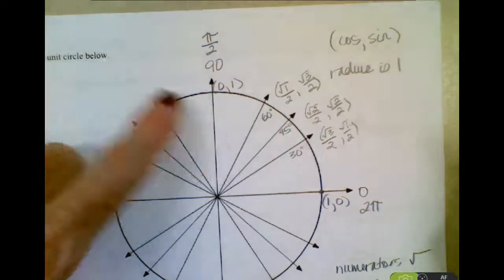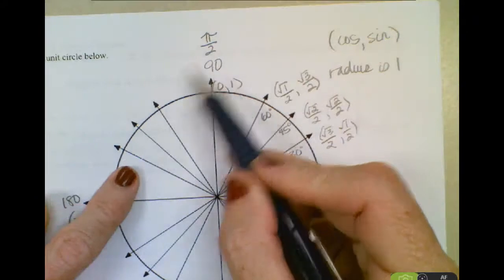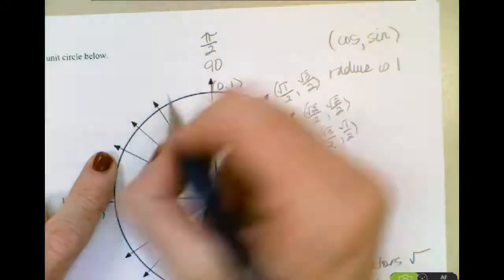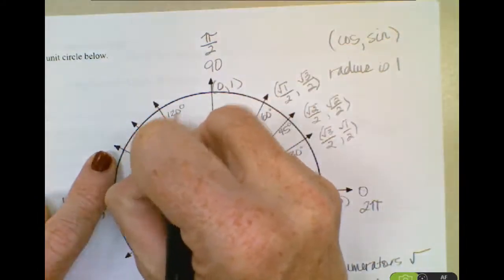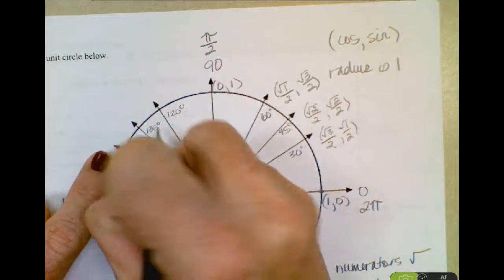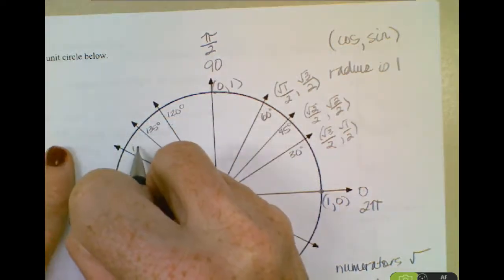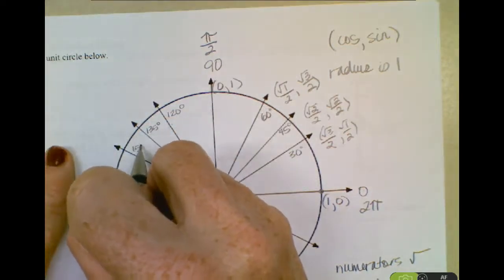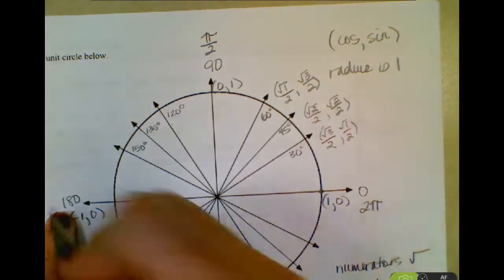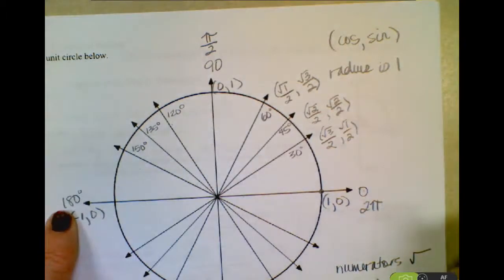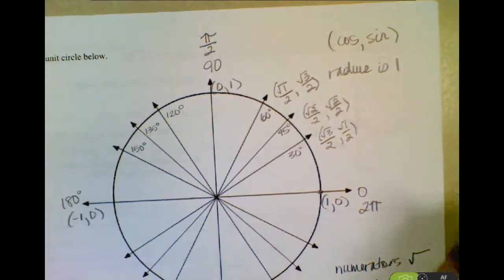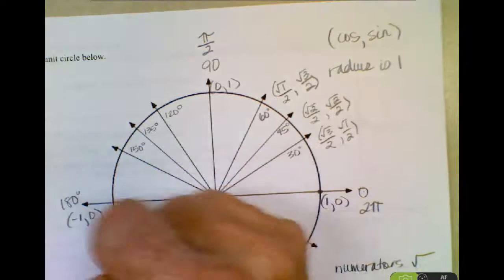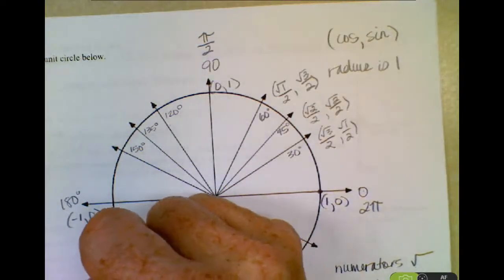Okay? And you can do that for each one of these. Take 90, add 30, 45, and 60. So I would have 120, 135, and 150. Okay? That takes us to 180 here. Keep going with your degrees. So 180 plus 30 would be 210.